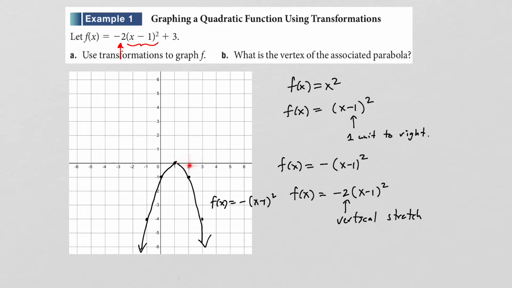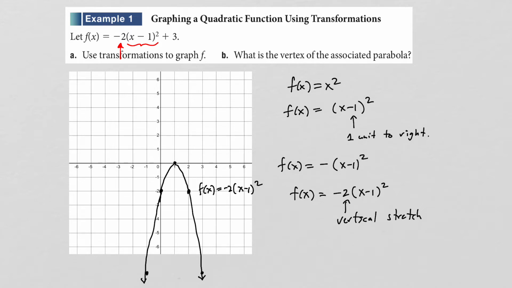So down here, when y is equal to negative 1, twice as tall is going to make it be at negative 2. So that point will move to here. When we are at the point y equals negative 4, twice as tall means that it will be down at negative 8. So if we make all of these points twice as tall as they used to be, we get a graph that looks like this.